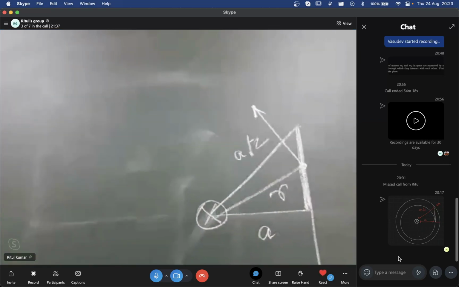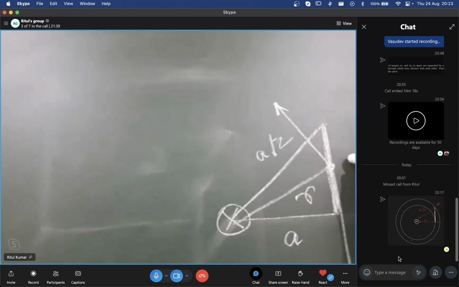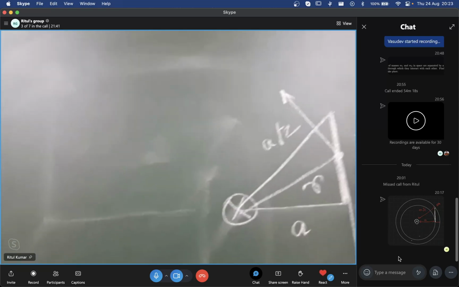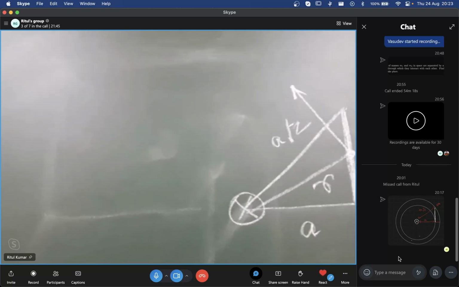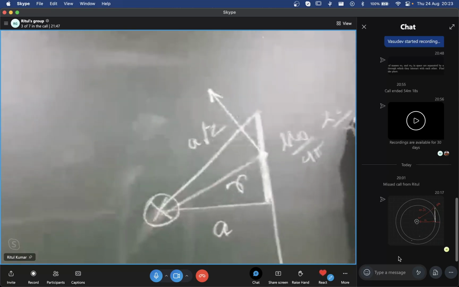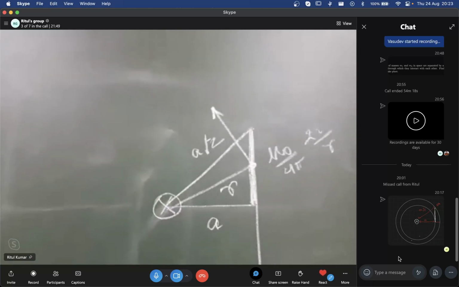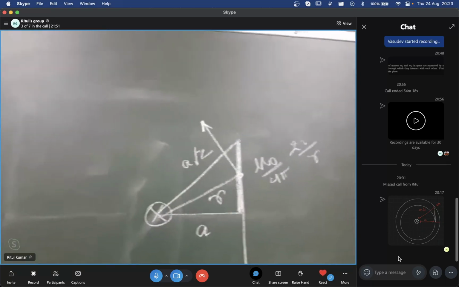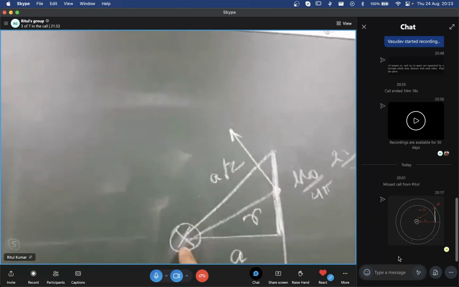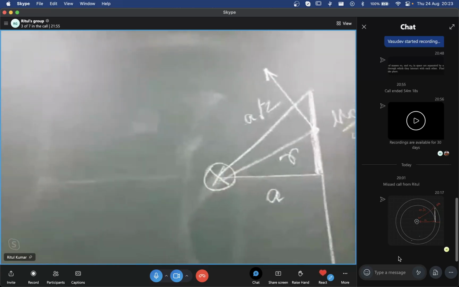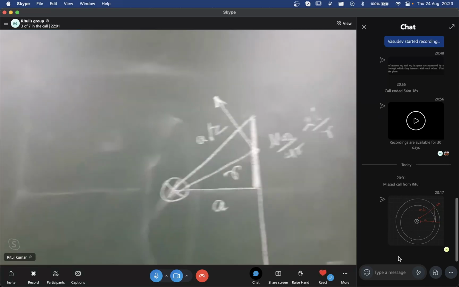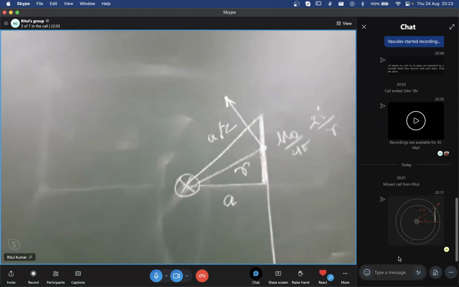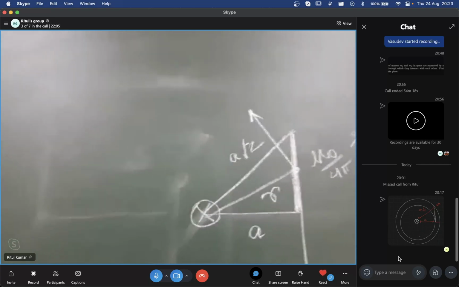At this point, what will be B? Mu naught by 4 pi, twice I by R, correct? I is the current in this one, right? So mu naught by 4 pi twice I by R. Done. Now what will be the area?